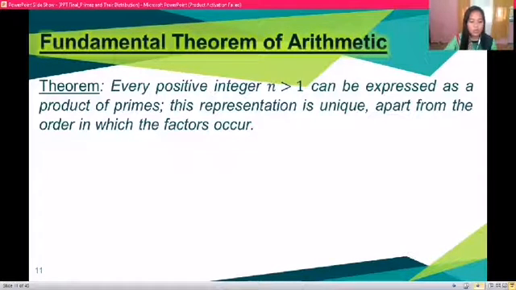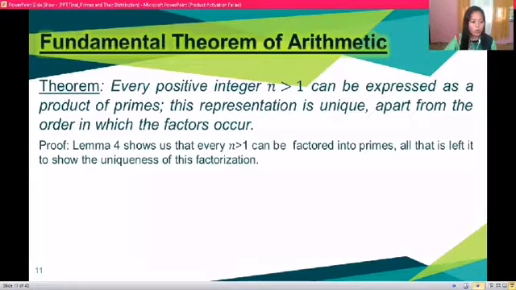This representation is unique apart from the order in which the factors occur. To prove this theorem, we use lemma 4, which shows us that every n greater than 1 can be factored into primes. All that is left is to show the uniqueness of this factorization.